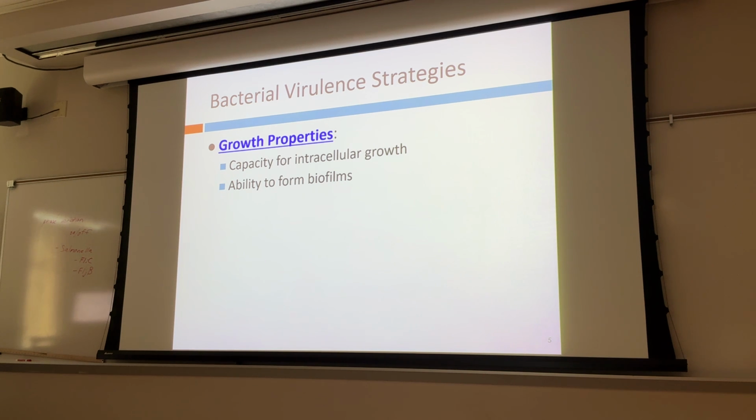Ability to form biofilms. Usually the easy example to understand of this is somebody has like a knee transplant or something. You have Staphylococcus epidermidis on your skin. They put in a new knee, and some of that staph epi gets on that knee replacement, and then it makes a biofilm. Once it makes a biofilm, the bacteria become super resistant to antibiotics, so there's no real good way to treat that. You have to take out the knee.